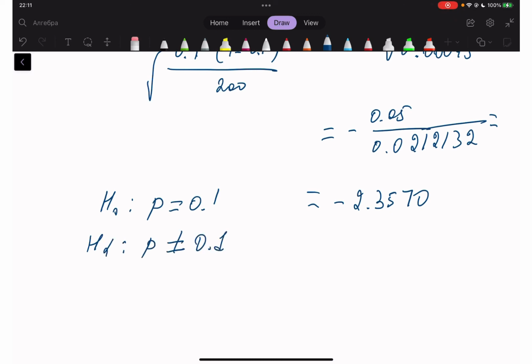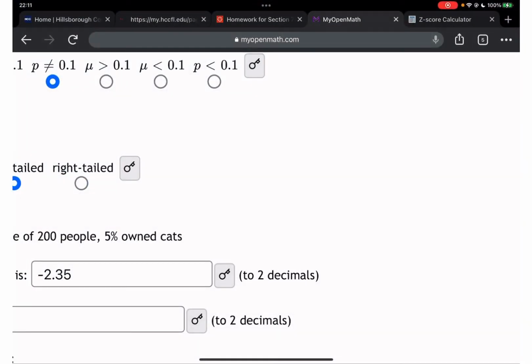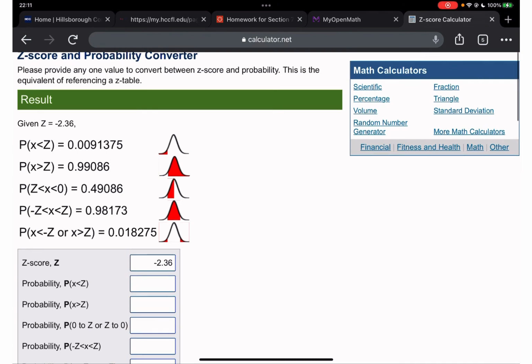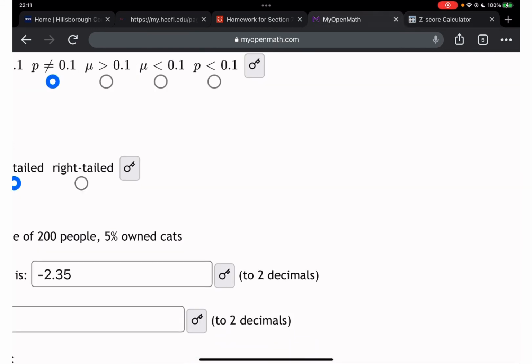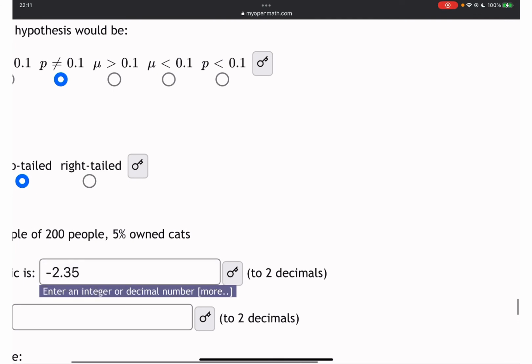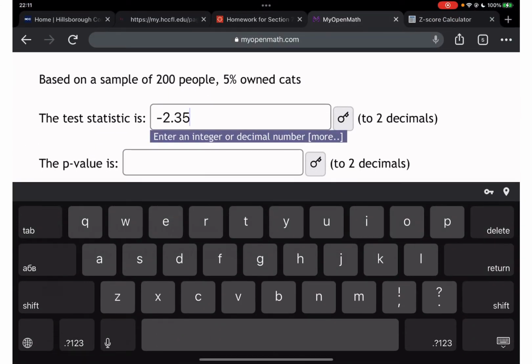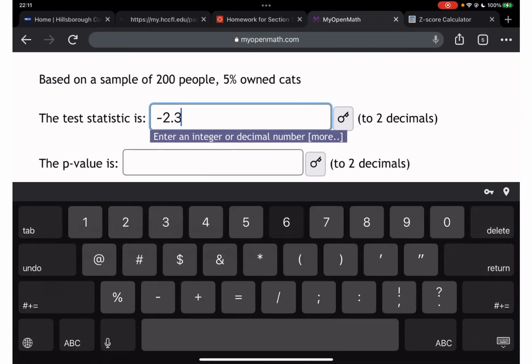When we have two tails, then the result that we get, let me correct here, put negative 2.36, because followed by 7, so I'm rounding up to 6.